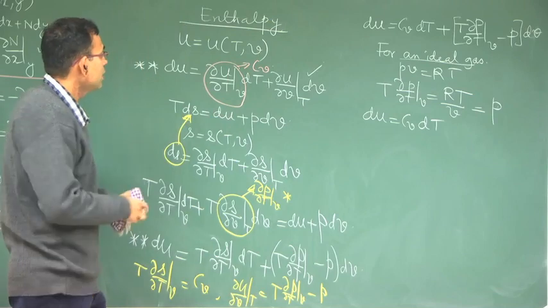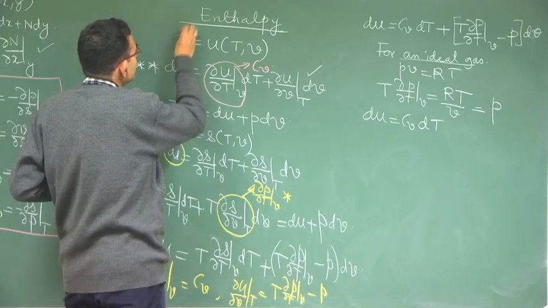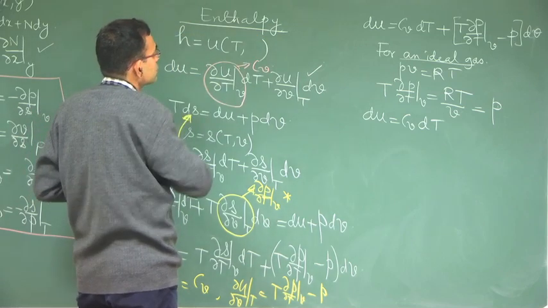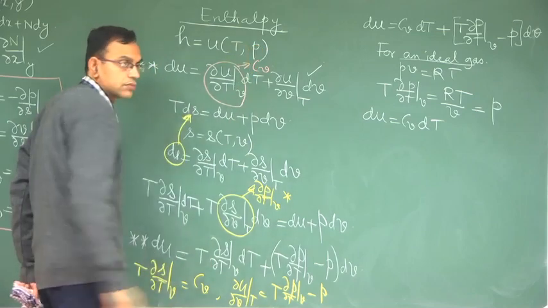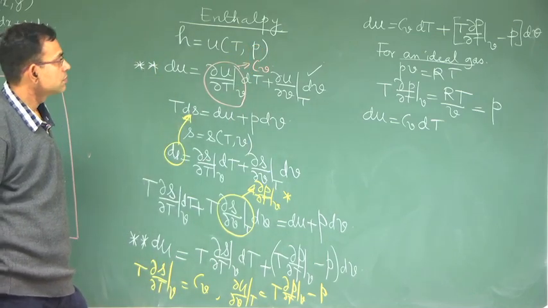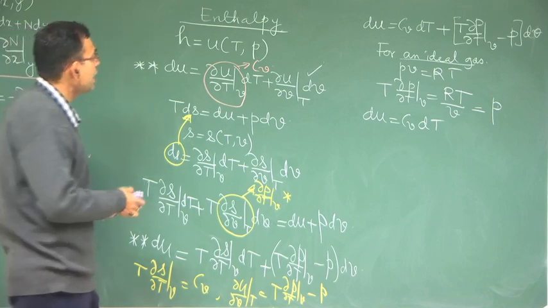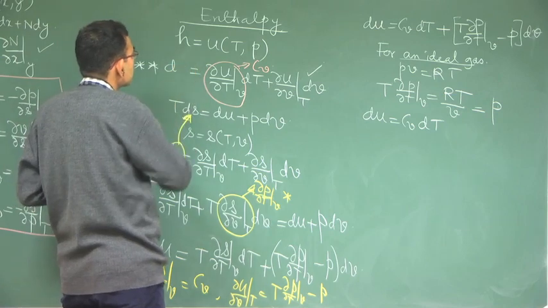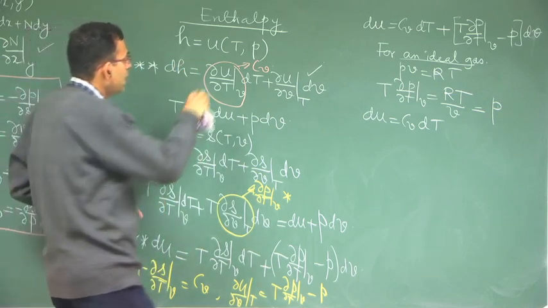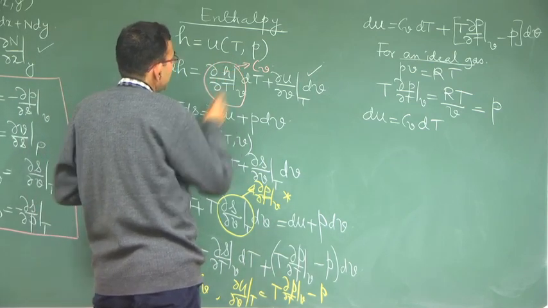So, enthalpy. We will write H as a function of T and P. Okay. So, dH will be del H del T at constant pressure.